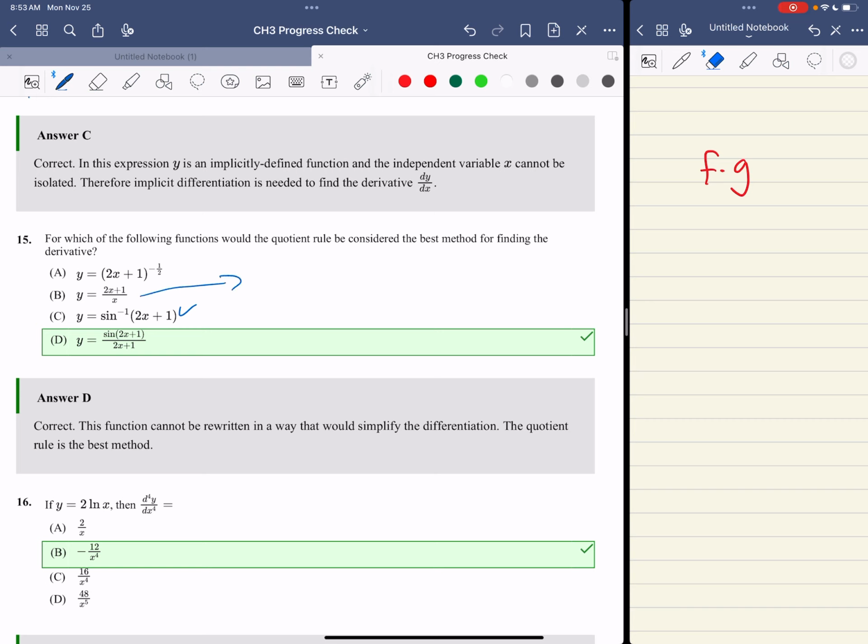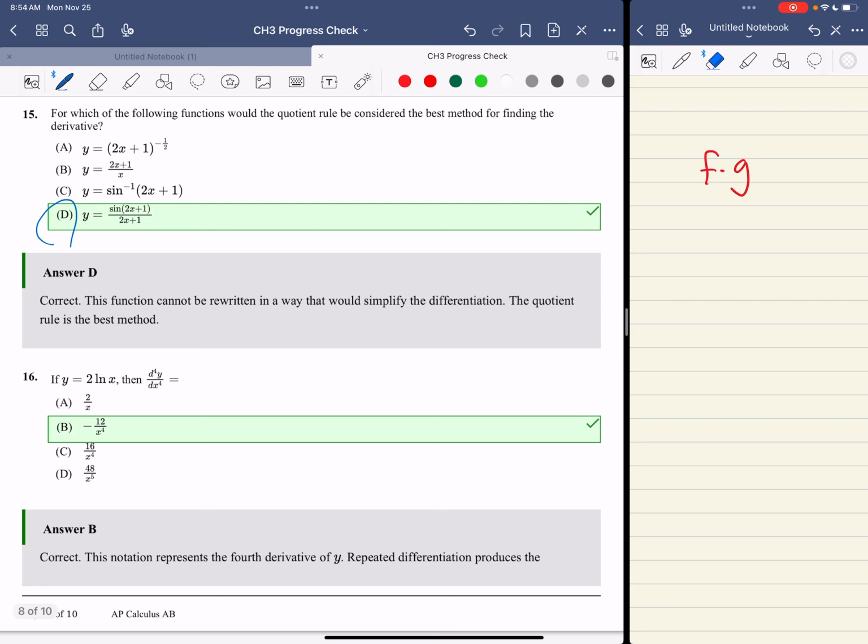Number 2, you don't necessarily have to use the quotient rule because you can just make it as this, which is the same thing as 2 plus 1 over x, and then differentiate it. That's not a big deal. And this one is the same thing as, that's a chain rule, not the quotient rule. So yeah, D is gonna be the answer.